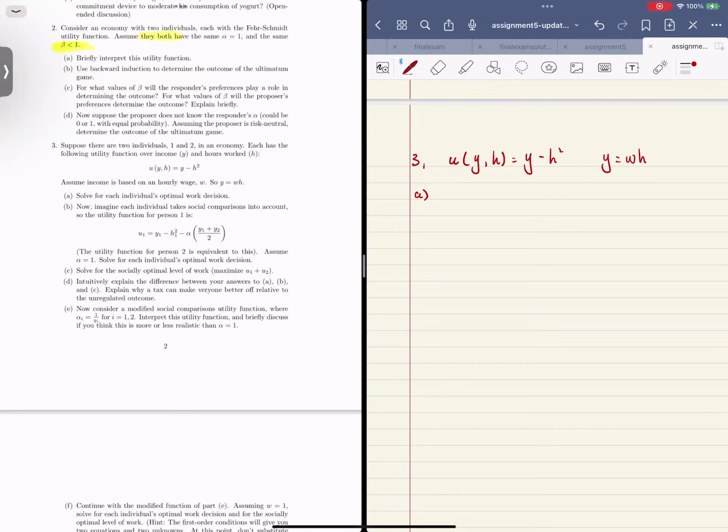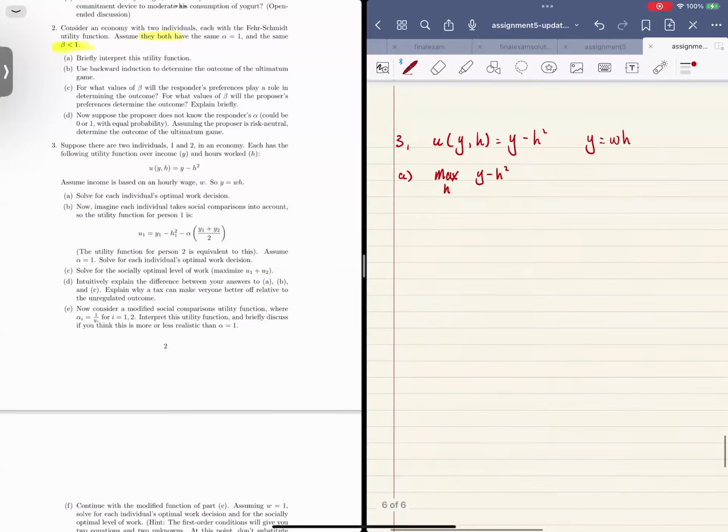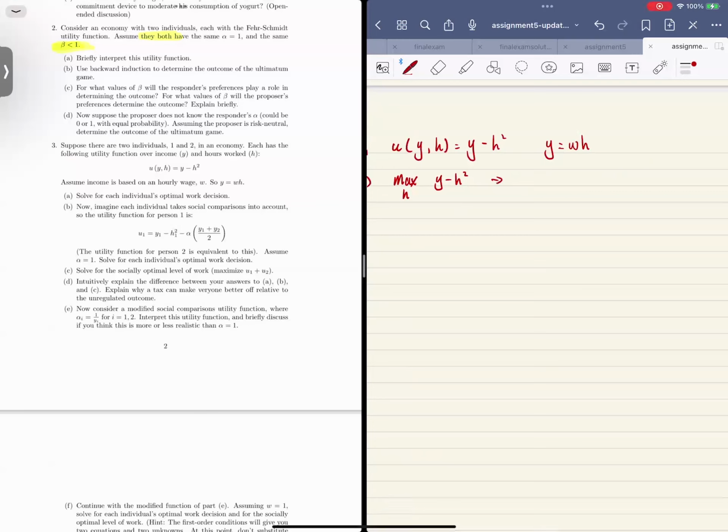Okay. So optimum work decision. What do we want to maximize? In this case, it's hours of work. So max over h of y minus h squared, which is max over h of wh minus h squared.